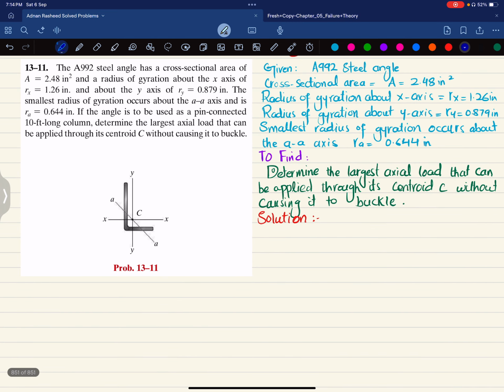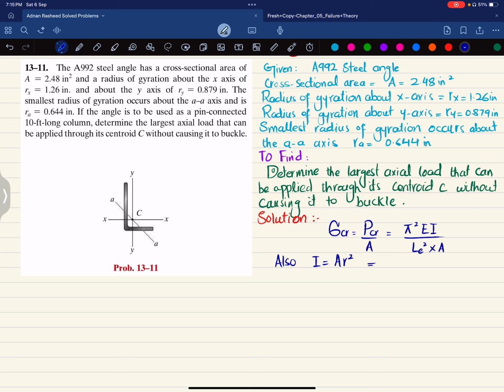As we know, using the Euler formula, critical stress is equal to critical load divided by area. We know that critical load is equal to pi square EI divided by LE square, where LE is the effective length. Also, moment of inertia I is equal to area multiplied by radius of gyration square.